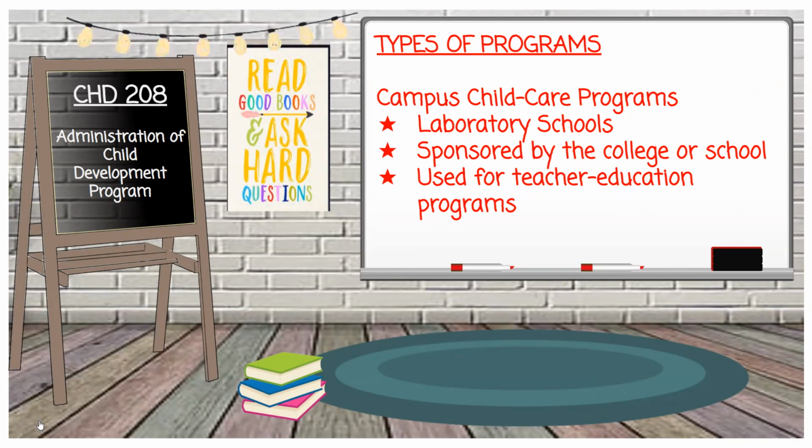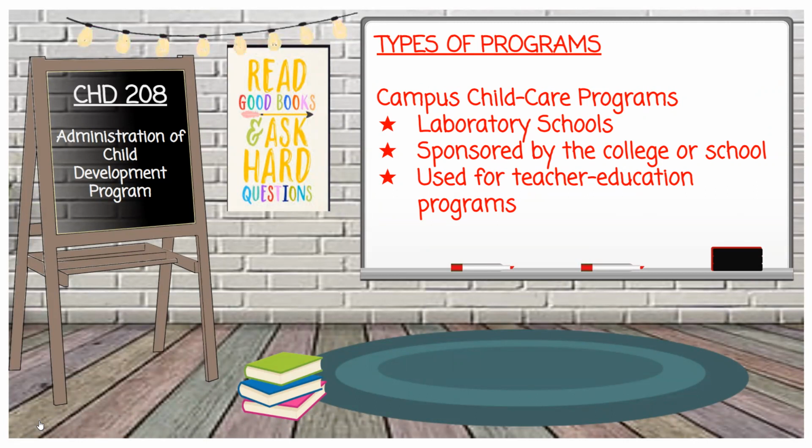Campus child care programs, that's another big one. They're really kind of called laboratory schools. They're sponsored by a college or school. Way back in the 70s and 80s, actually on the Sparks campus, Wallace Community College, we had a campus child care program, a laboratory school. It was for the students and the staff members at Sparks Technical College.